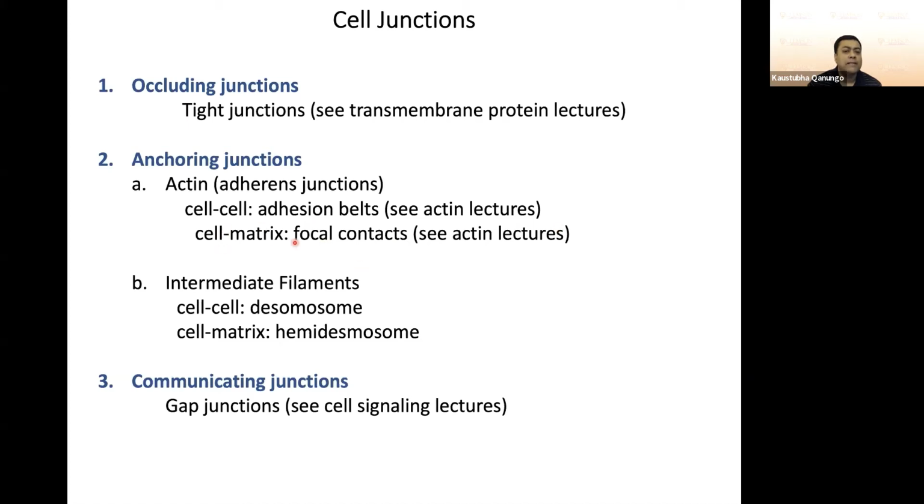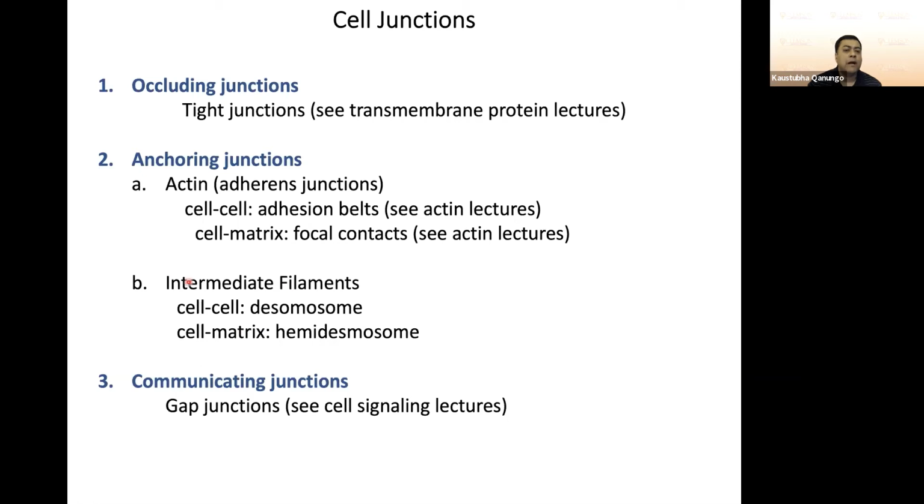If you remember the cell-to-matrix actin interaction, there was a cell which was extending its lamellipodium and moving from left to right, that was your focal contact, cell to matrix. And you will see that we will use the same pictures later. So these are all familiar to you. We will go into a little bit more detail. These are the ones which are new, and we are introducing these.